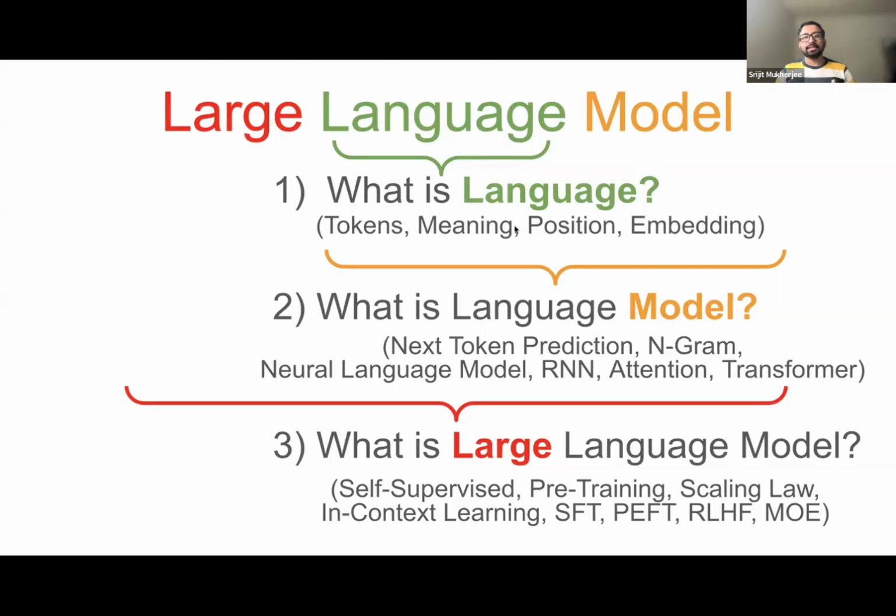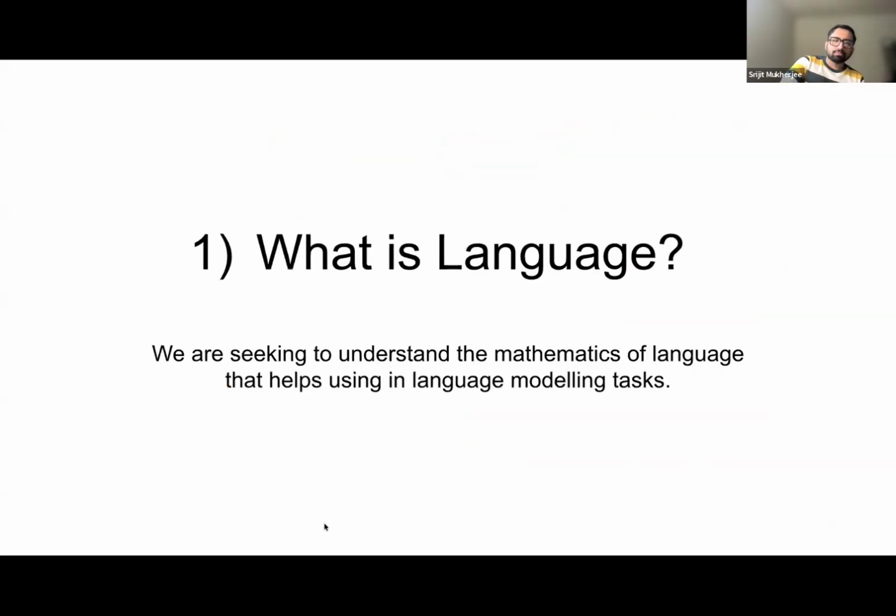And that has been a long research point of interest. So we will first understand what is language, what is the mathematics of language. That's the first R's goal. I hope all of you are ready for this. Okay, so what is language?